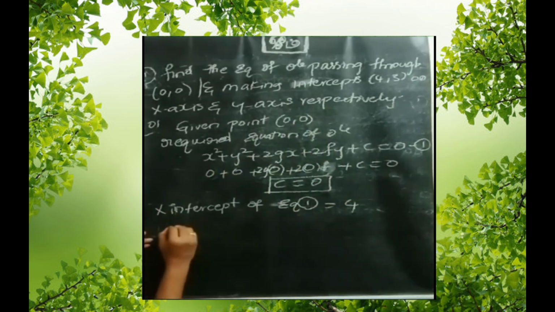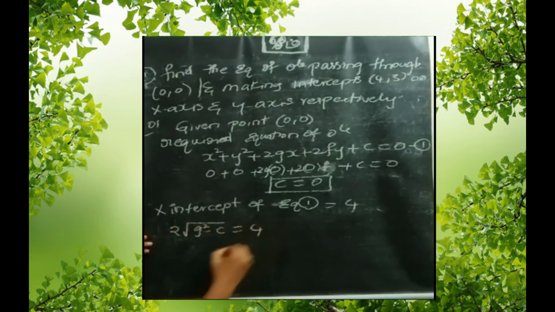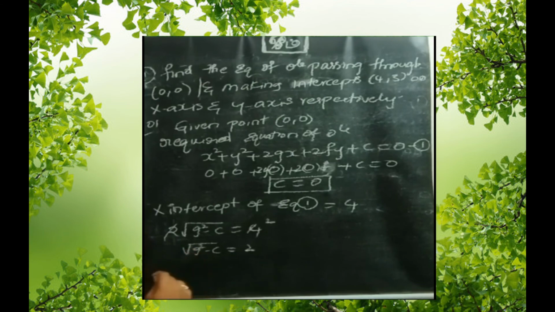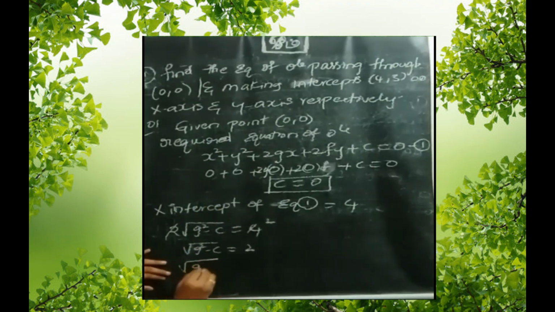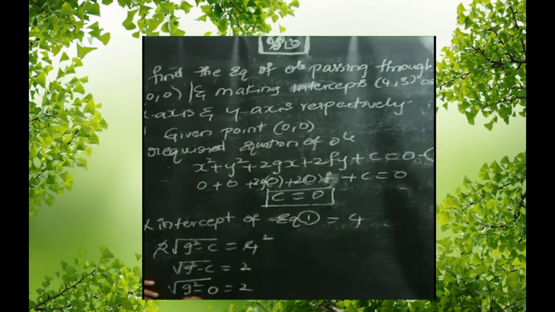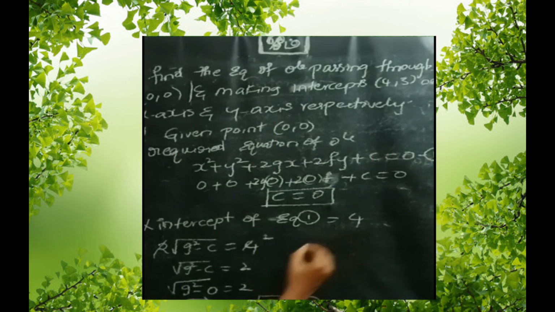So, we know 2 root of g square minus c equals 4. Here c is 0, so root of g square minus 0 equals 4. Likewise, do the same for the y-intercept.